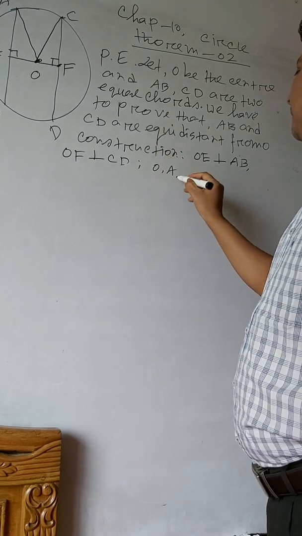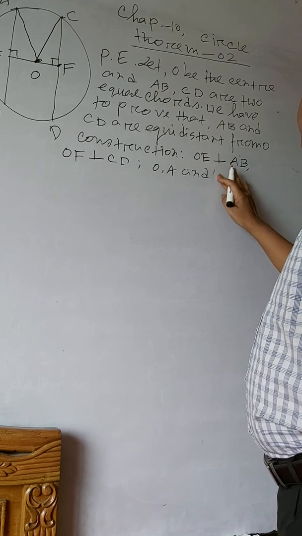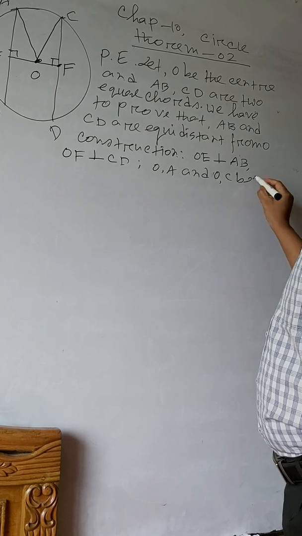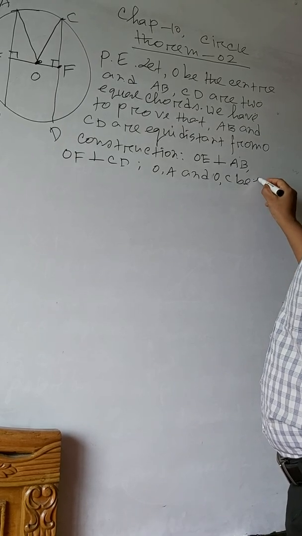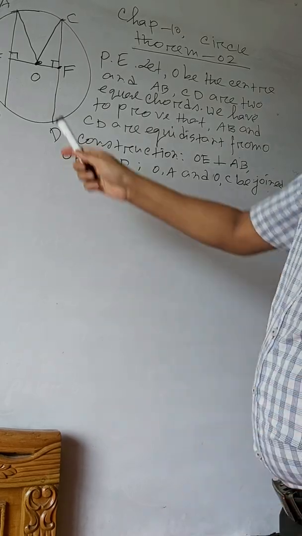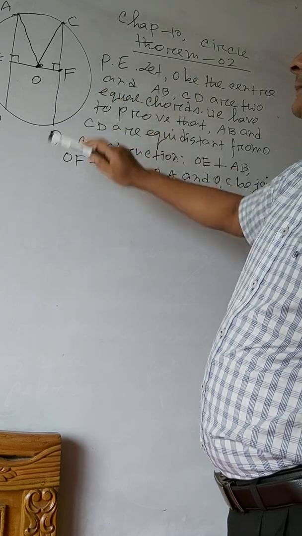Also join OA and OB, OC and OD. OE is perpendicular to AB, OF is perpendicular to CD.